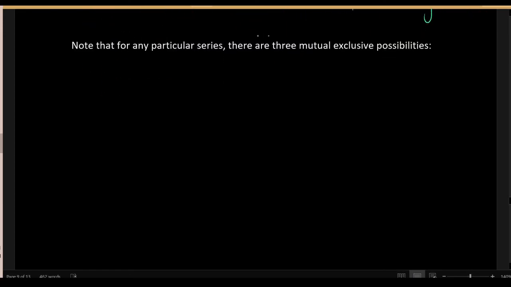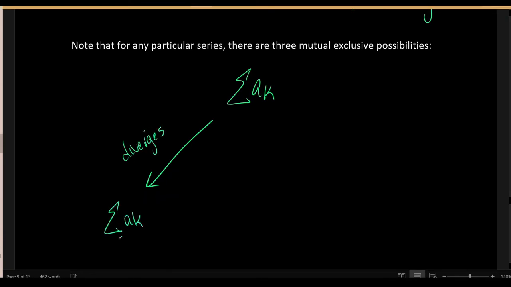Now notice that for any particular series sum of a sub k, there are three mutually exclusive possibilities. Exactly one of these is true at any given time. Option number one is that the original series diverges. Option number two is that the original series converges conditionally.